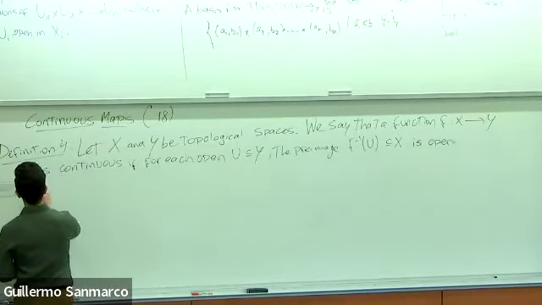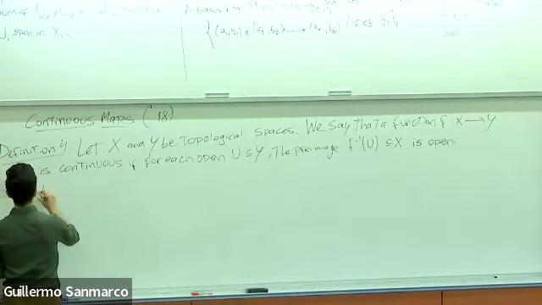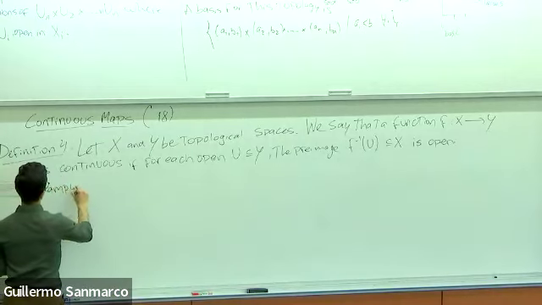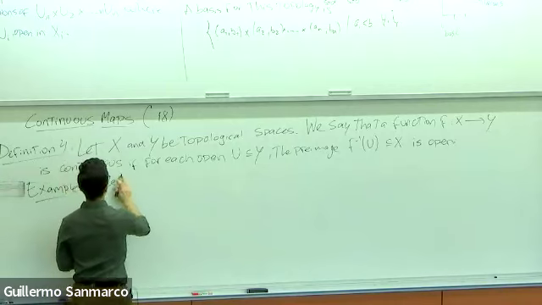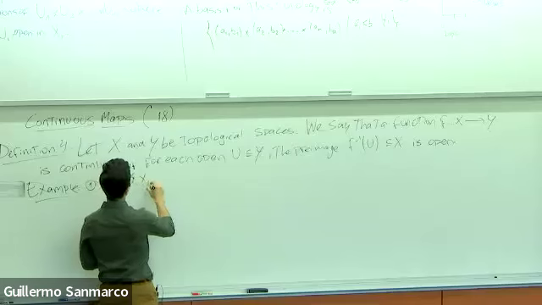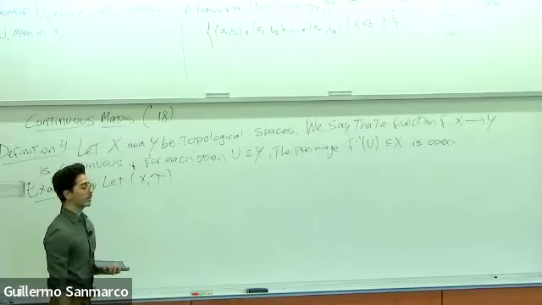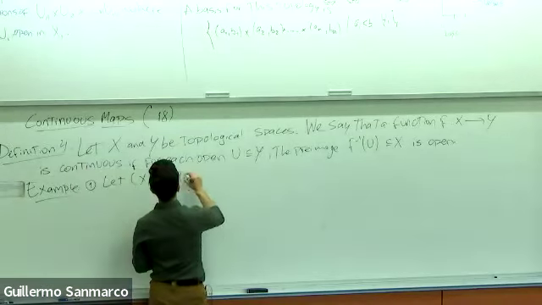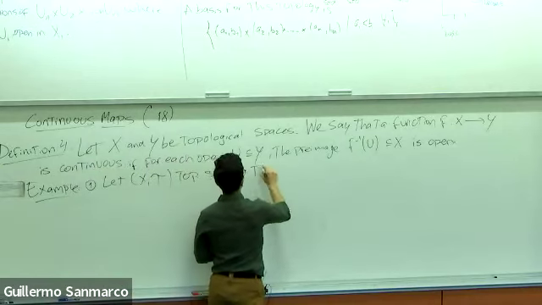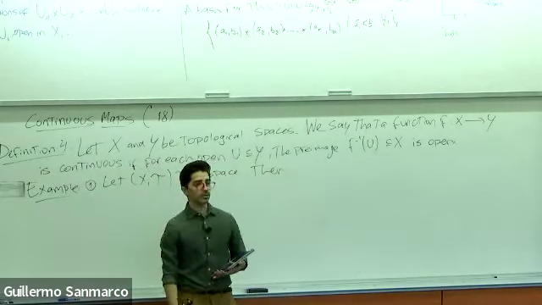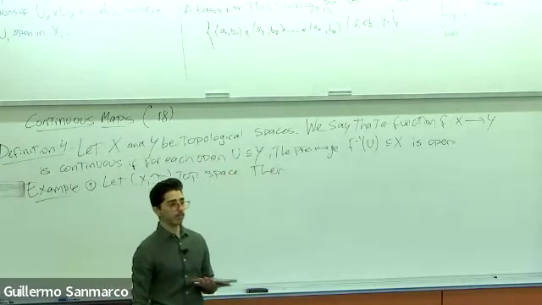So some examples. If you have a topological space, X tau, or T. So notice a function is going to be continuous or not, depending on what topology we impose on the set.